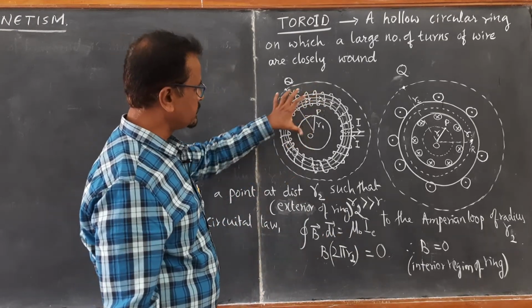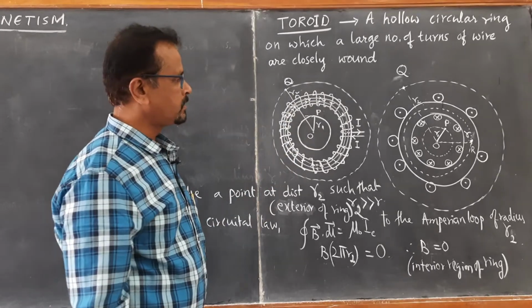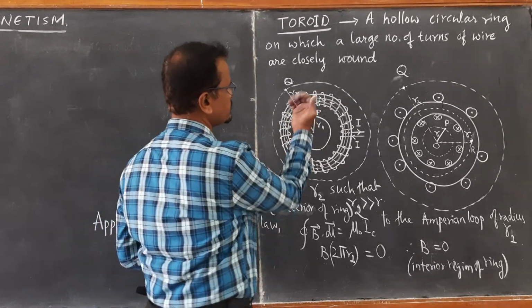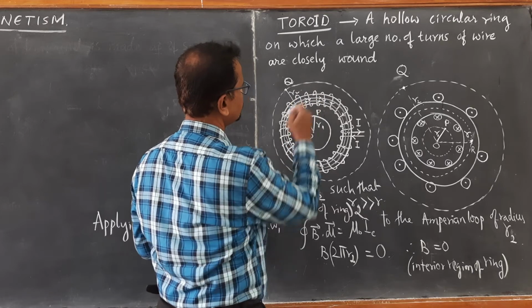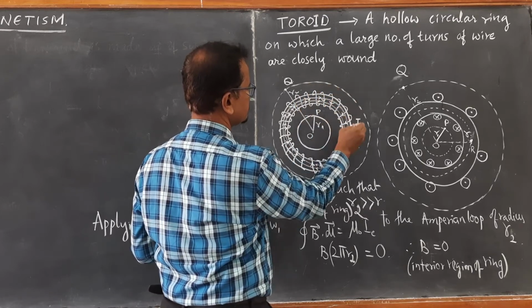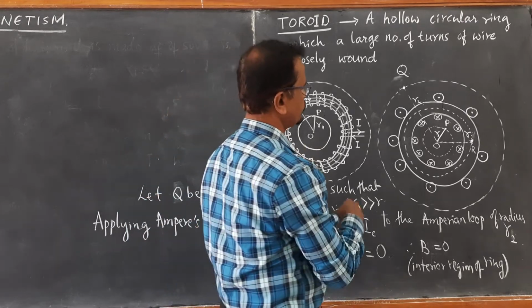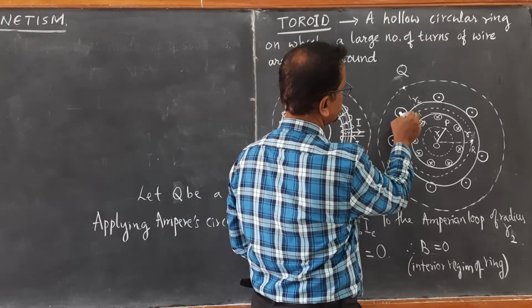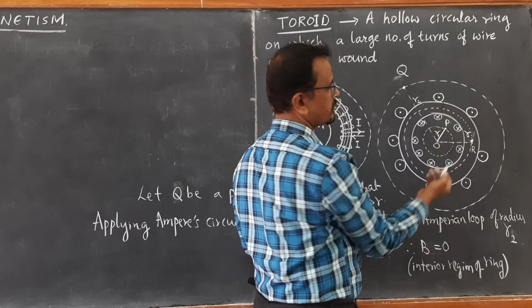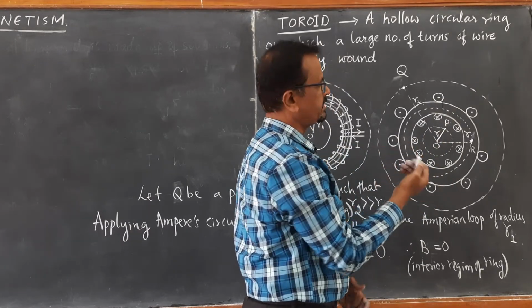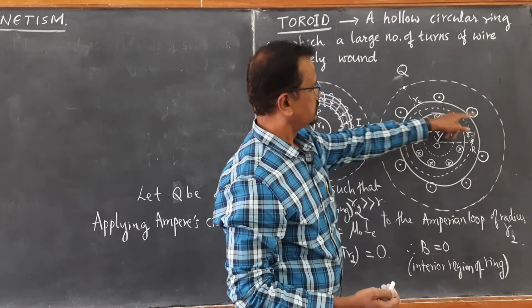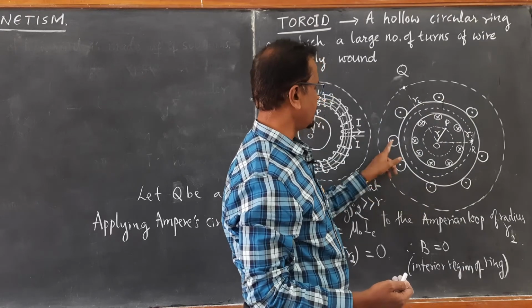The current enclosed here also becomes 0. Why? The amount of current that is emerging out from each turn is equal to the amount of current that is entering in. As I have shown you, the dots represent the currents that are emerging out from each ring. 1, 2, 3, 4, 5, 6, 7, 8.